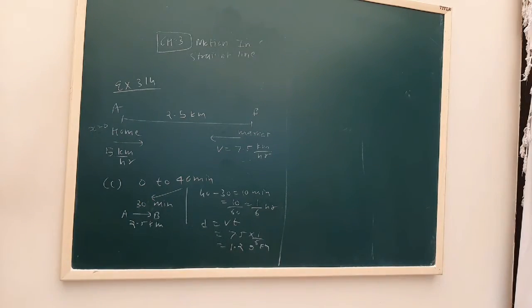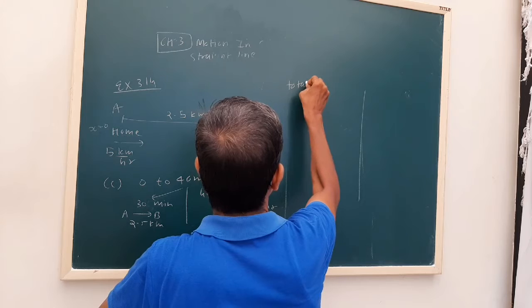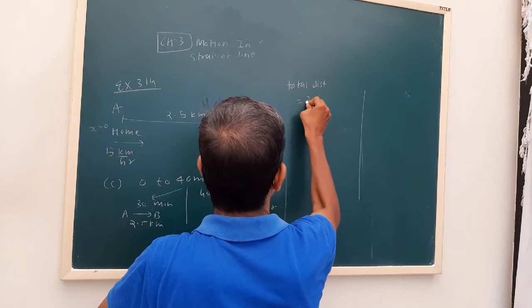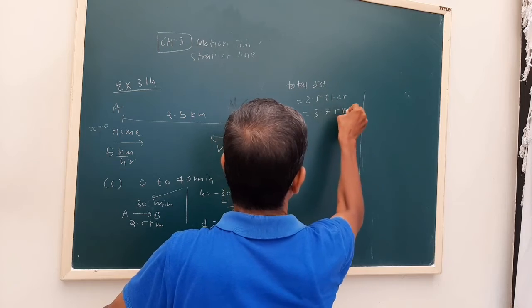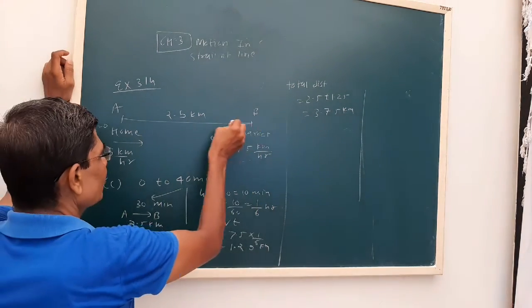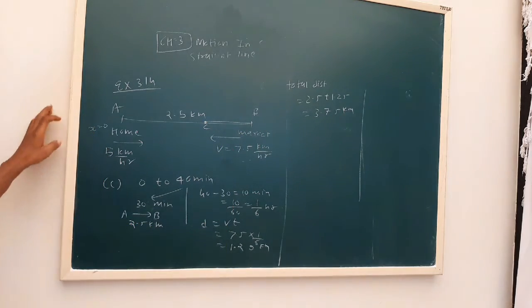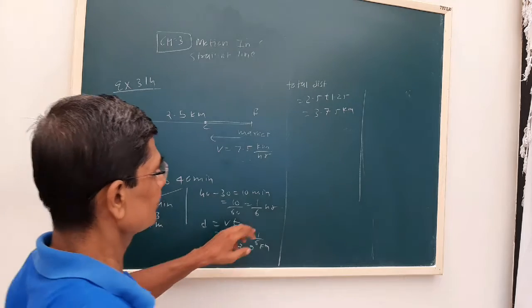So what is the total distance covered here? Okay, now displacement, that means it has moved from here to here, let us say. So the displacement will be 2.5 minus this.